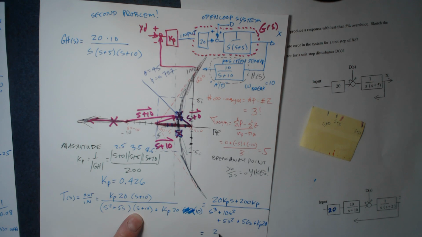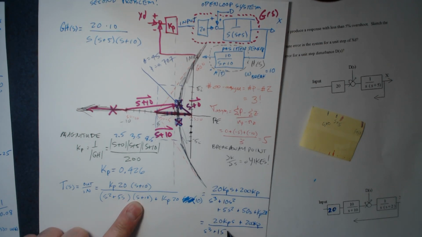Okay, I'm going to write the whole thing out again just because it makes it clear. 20 Kp s plus 200 Kp divided by s cubed plus 15s squared plus 50s plus 20 Kp.